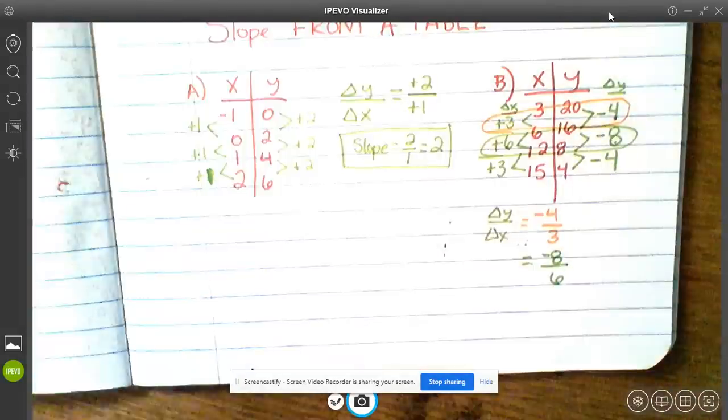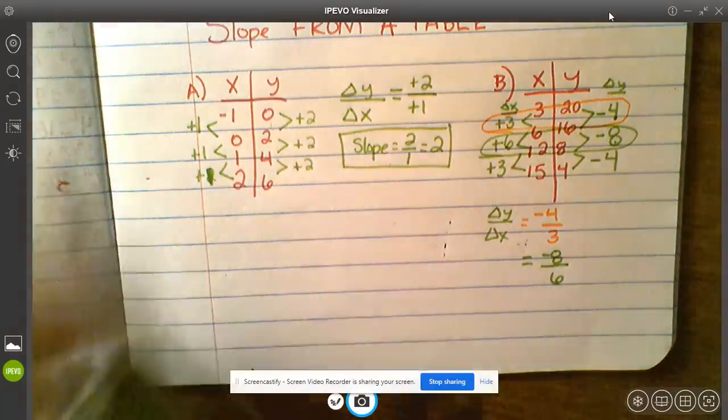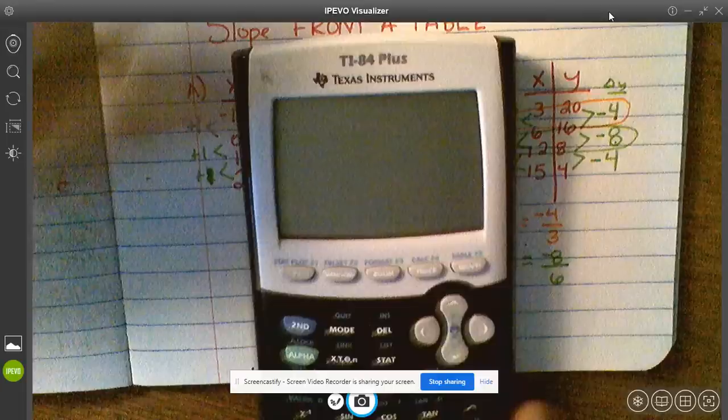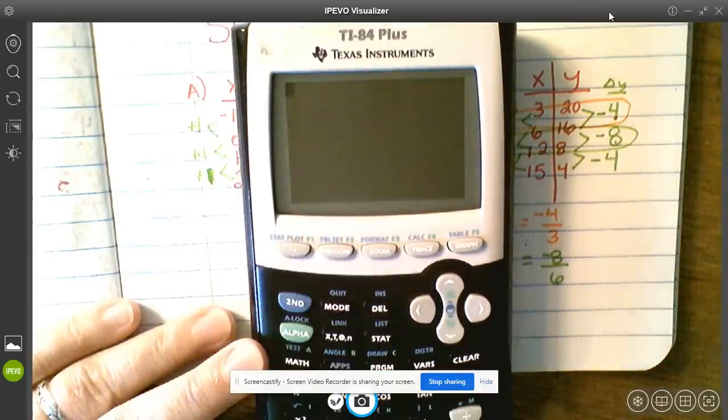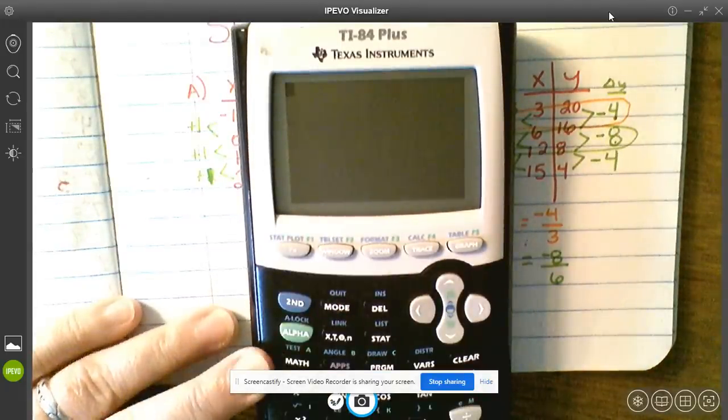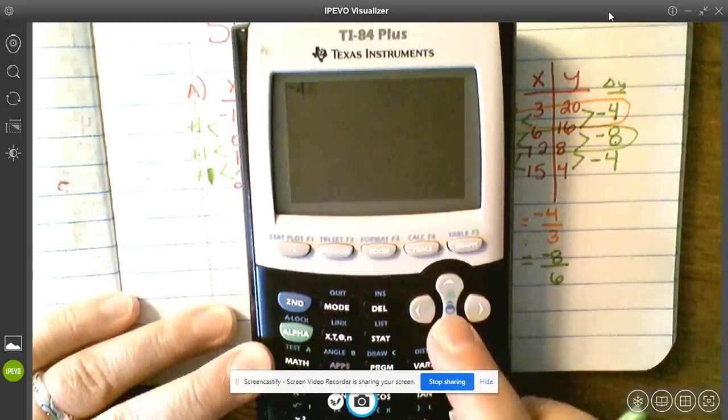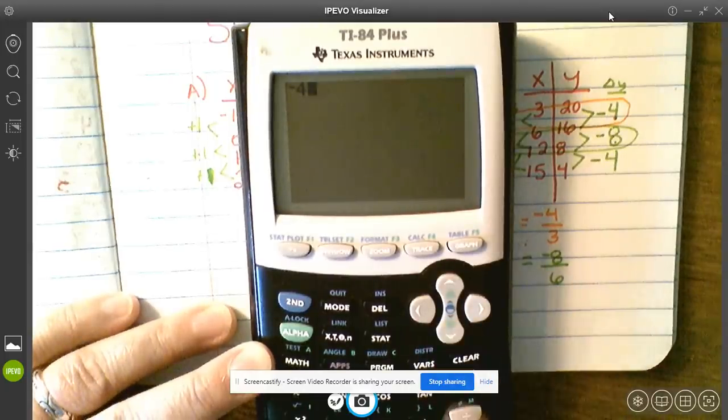So here's where our calculator comes in handy. So I have -4 divided by 3, and I get that.